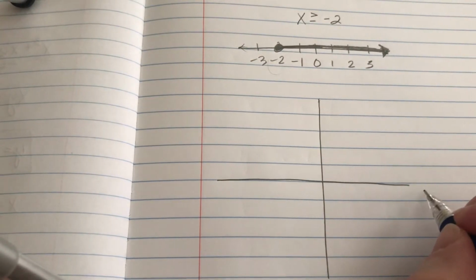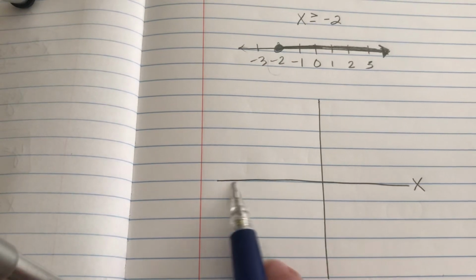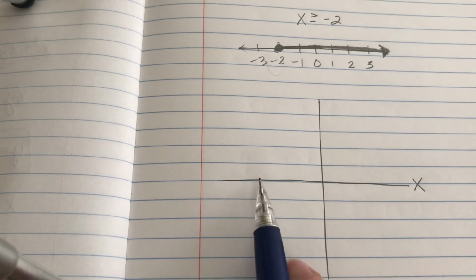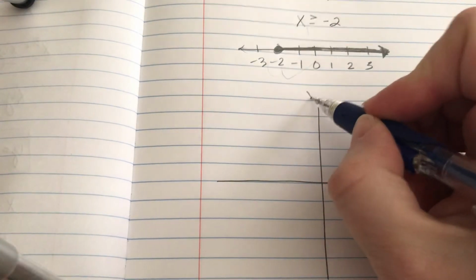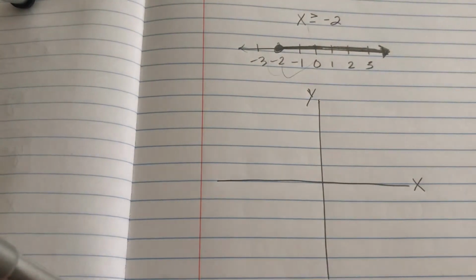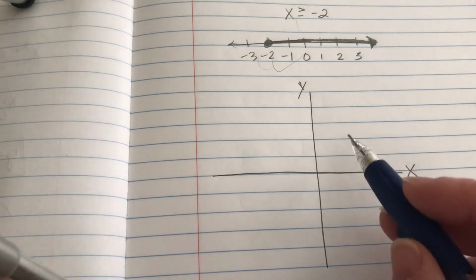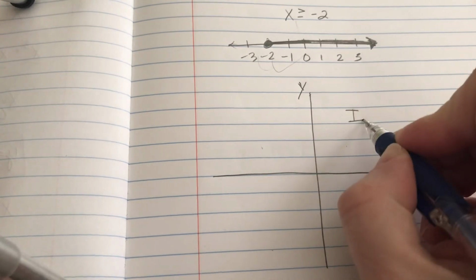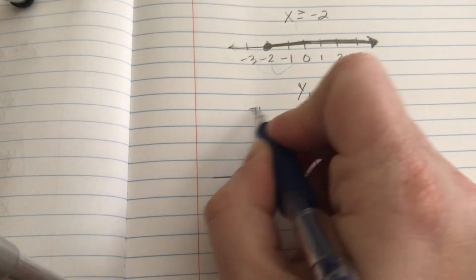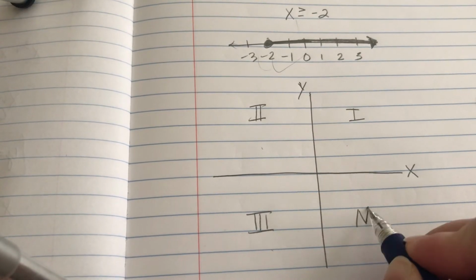We're still going to do that because this is our x-axis. So we're still going to mark our x value on this line, but now we're also going to mark our y value on the vertical line. So when we set things up like this, it creates 4 quadrants. And they name this quadrant the first quadrant, the second, the third, and the fourth.